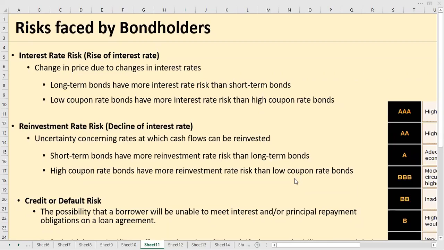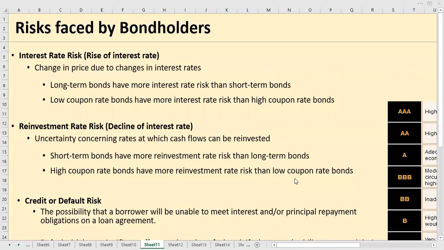So the argument here is, when there are short-term bonds, we will have to face high reinvestment risk, because if you look at that 2-year bond, you will have to reinvest the amount from the 2-year bond after 2 years.